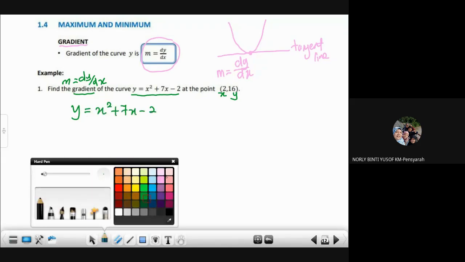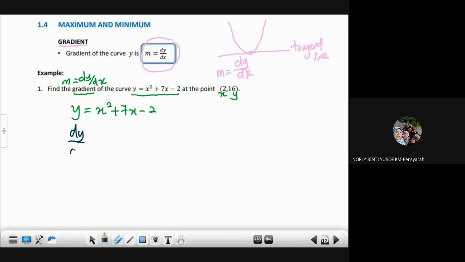So differentiate, you akan dapat 2x plus 7. Negative 2, you differentiate 0. Okay, and then you want the value of the gradient. So you have to sub lah for using the x value only. So 2, x dia adalah 2 plus 7. So you will got in terms of 11.